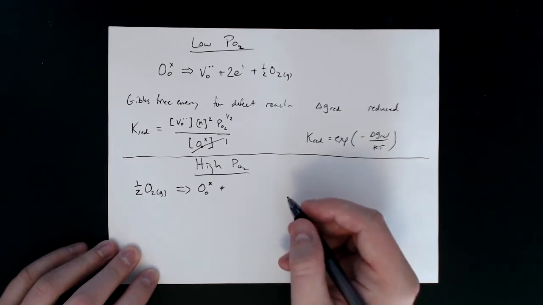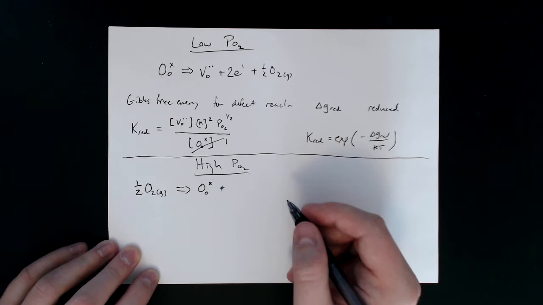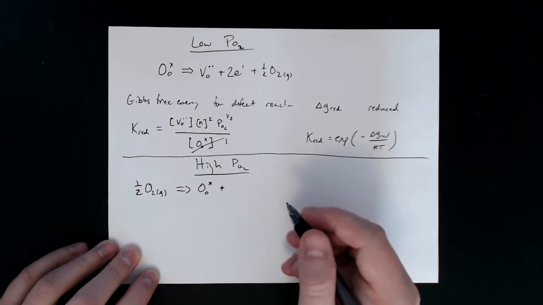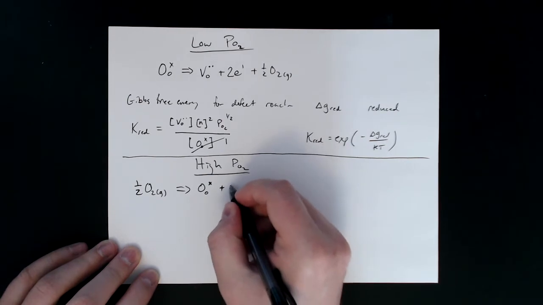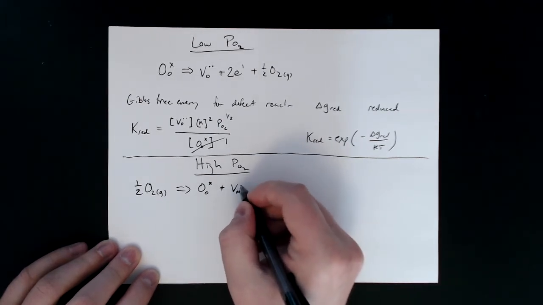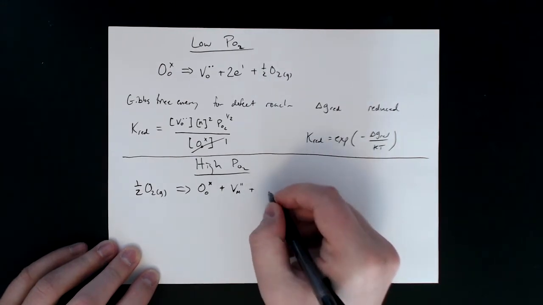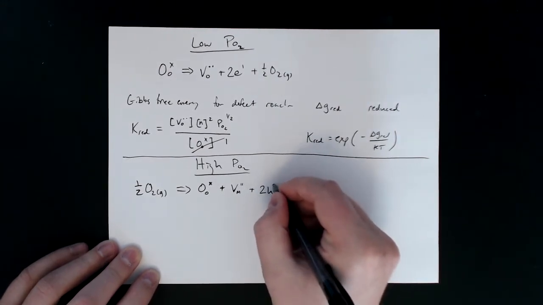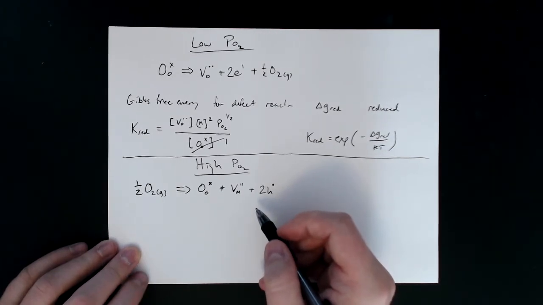And so to compensate, or to see the effects that it would have with everything else, we have to consider what else would occur. And so in this case, we would have a vacancy on the metal site with two holes to compensate for this.